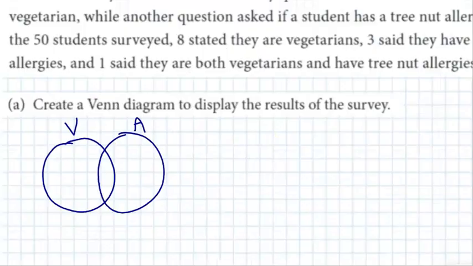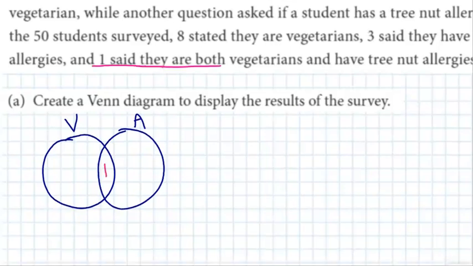To begin, we'll go ahead and make 2 circles. The first will represent students that are vegetarians, and the second will represent students that have allergies. From there, we'll put 1 in the middle to represent the one student that is both a vegetarian and has an allergy.